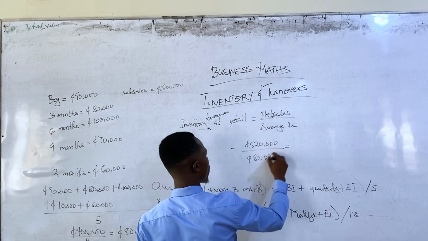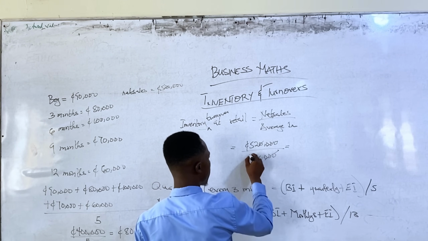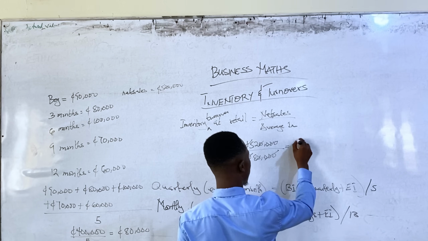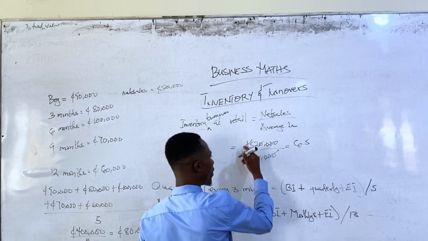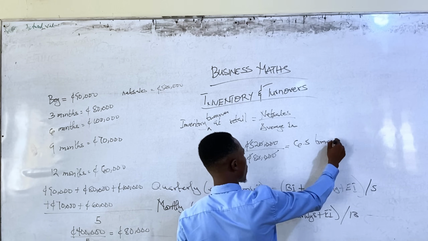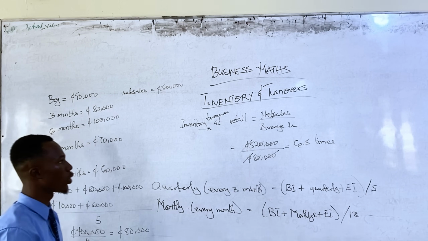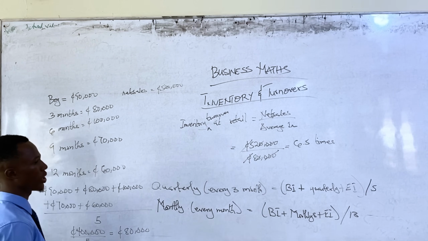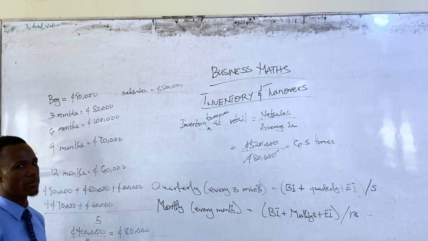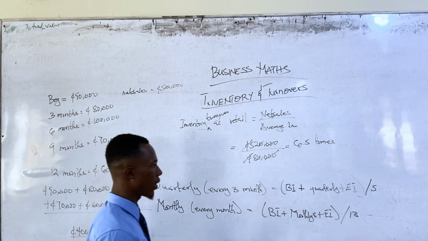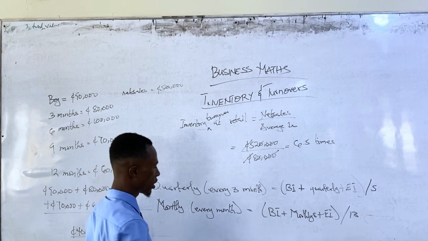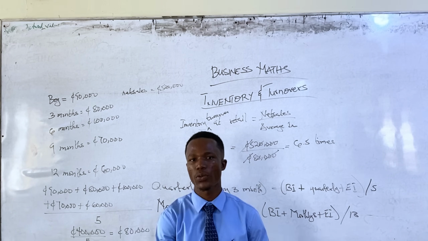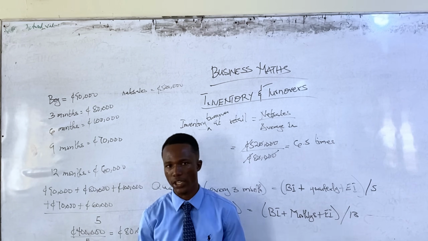So here, this one goes, this one goes. This will cancel out this, right? And so you have 6.5, no more currency, so it becomes times. So this is the inventory turnover. When we talk about turnover, you have to get the number of times, not the currency. Put that in mind, and don't forget the quarterly, the monthly, and the rest. Is that okay? So on this note, we are done with inventory and turnovers.